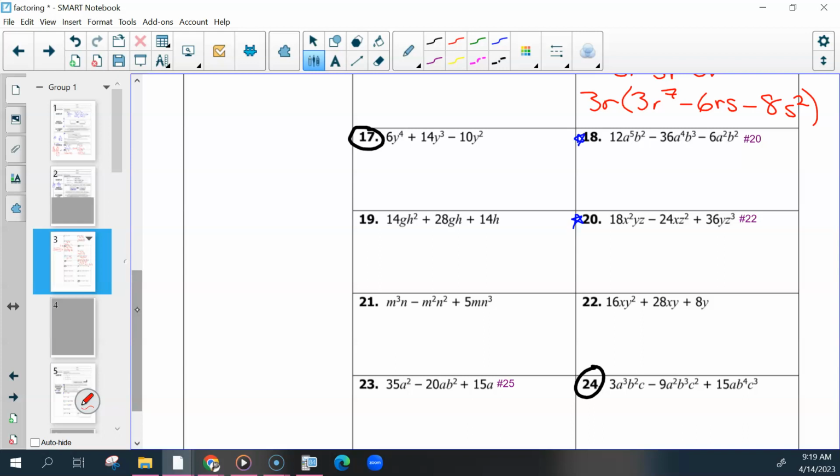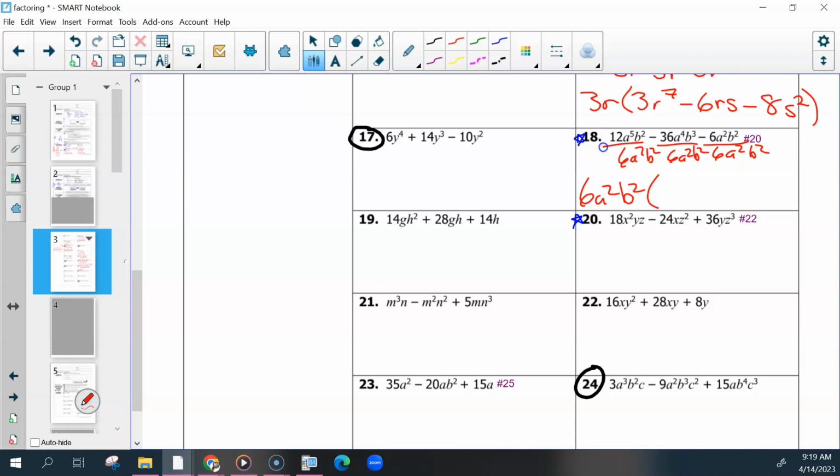Think about the common factors. Yes, 6. What variables and how many can you divide out of everything? A squared, yes, and B squared, yes. So if we are dividing that out of every single thing, take your time, do it slowly.